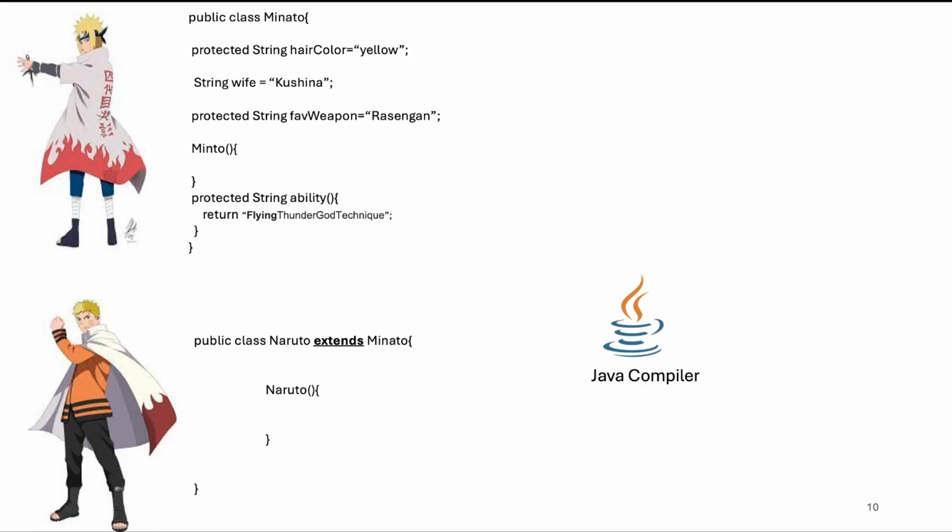Now, let us see how things happen using the program. So, step 1, we are at Naruto. Next, what do we do? Shall we go down or do we go to the Minato class? Please think.